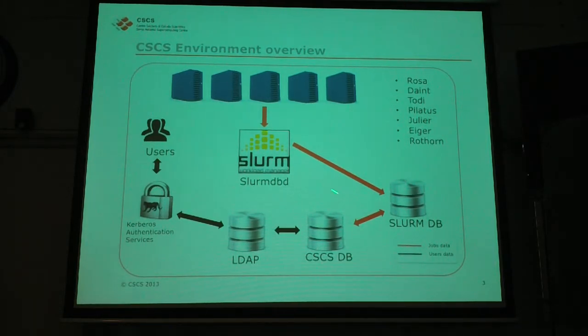And in the underlay, it talks with the Slurm database. So in this database, we have all of the transactions about jobs that run on our system. There's a lot of communication between our CSCS company database and this database.